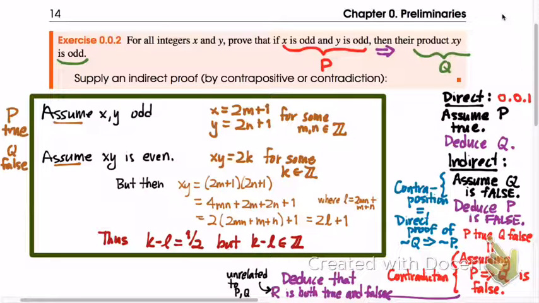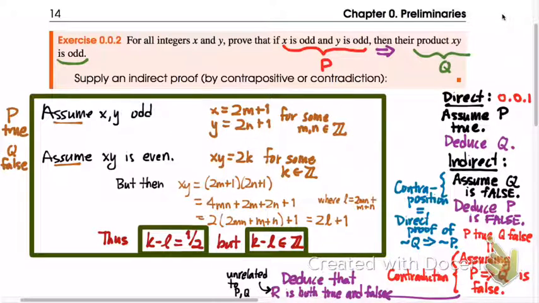Right? And so here's a statement, k minus l is an integer, that has a corresponding statement, k minus l is equal to 1/2, which it contradicts. Because 1/2 is not an integer. There is no integer which, when you multiply it by 2, you get 1. Right?